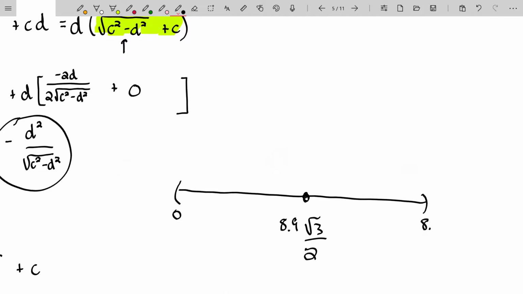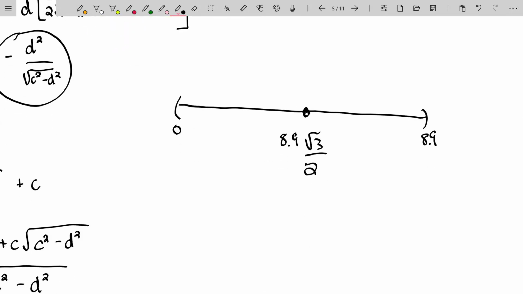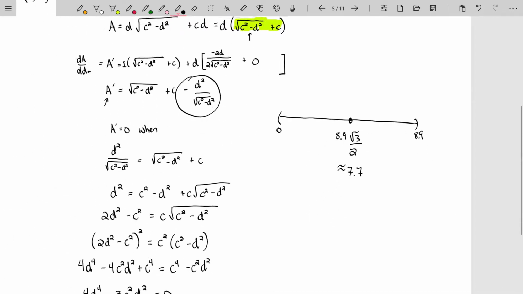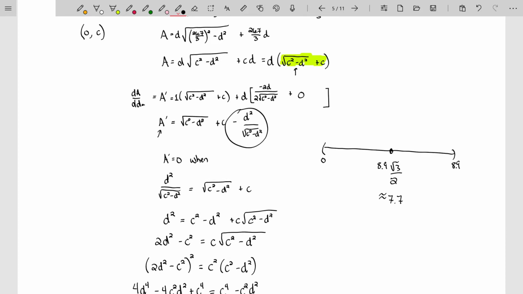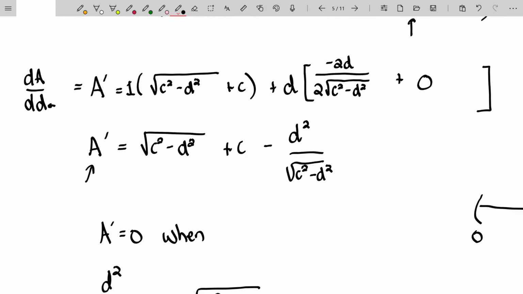And now I'll figure out what 8.9 times the square root of 3 divided by 2 is. And that is roughly 7.7. So we have a critical number at 7.7 for our derivative, which, by the way, is this busyness right here.